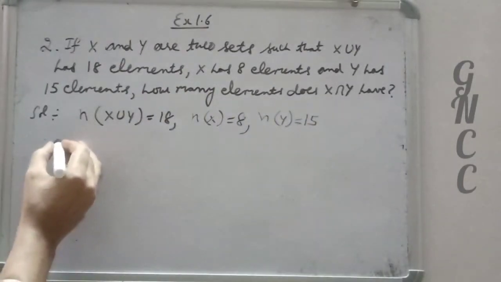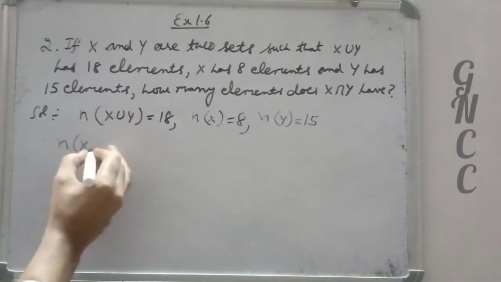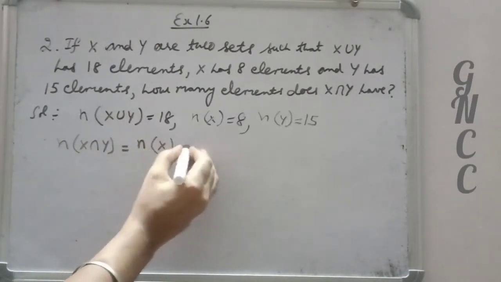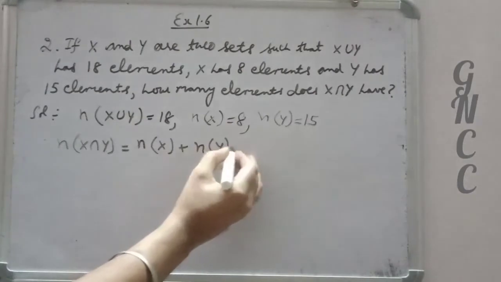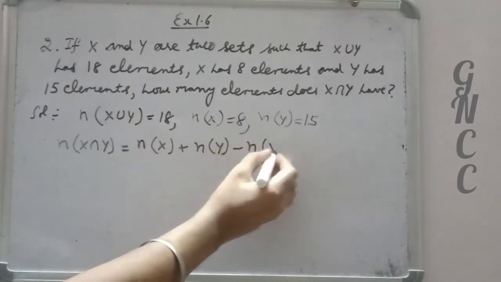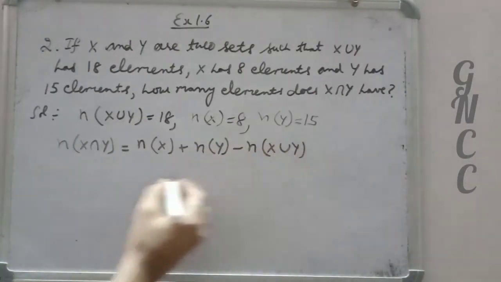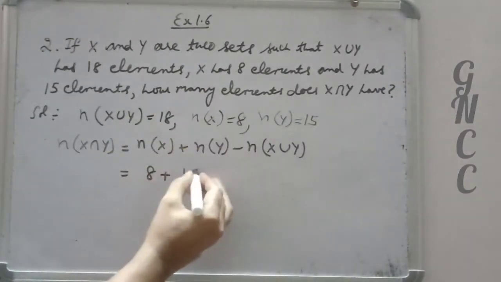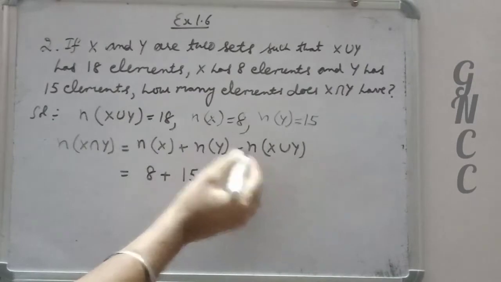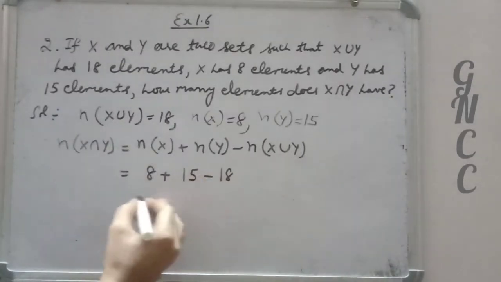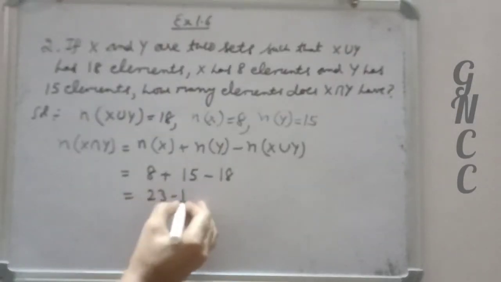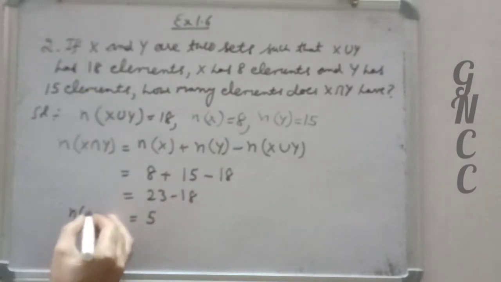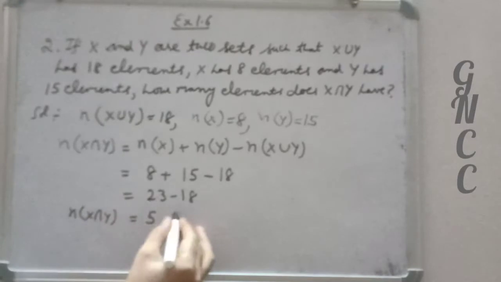Now we know the formula. n(X intersection Y) is equal to n(X) plus n(Y) minus n(X union Y). So n(X) is 8, n(Y) is 15, minus union is 18. This is 23 minus 18. This is 5. So answer is 5.